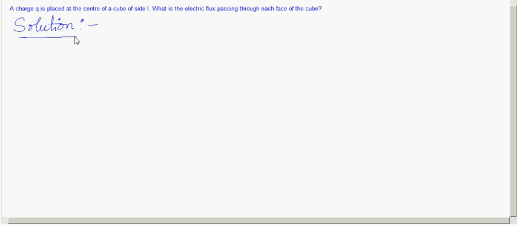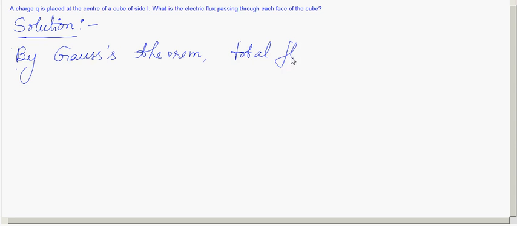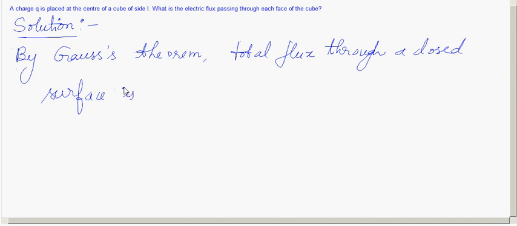So by Gauss theorem, total flux through a closed surface phi is equal to Q by epsilon naught.